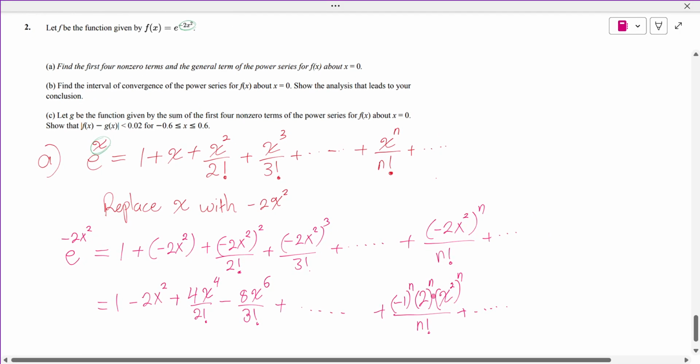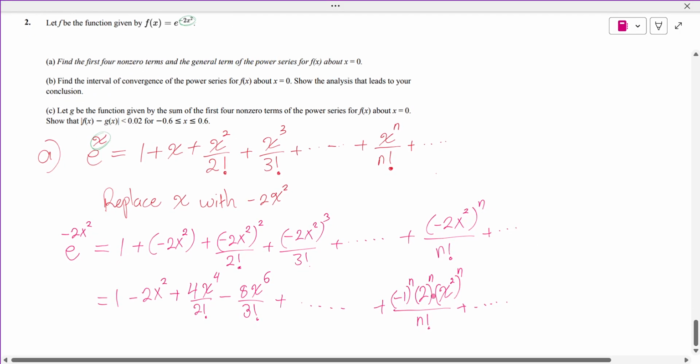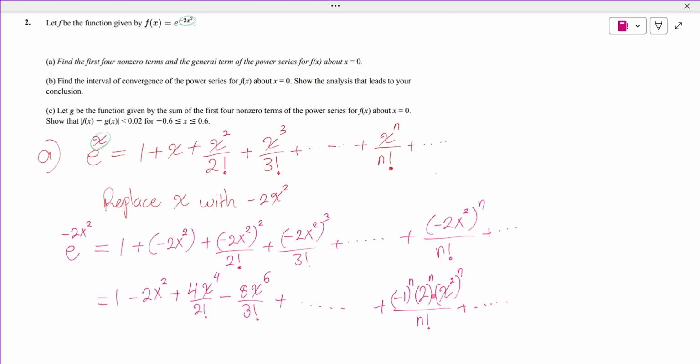Clear? Yes. The second part is to find the interval of convergence of the power series for f of x about x equals 0. To find the interval of convergence, again, which test do we apply? The ratio test.